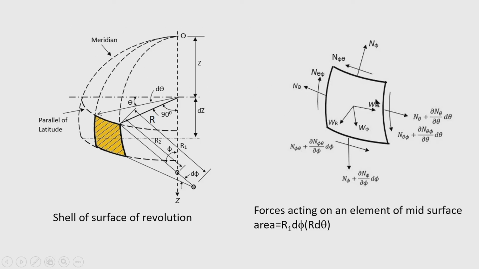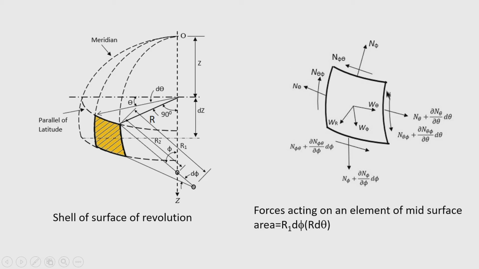In this figure it is illustrated that in this element, the total force on this edge will be n phi into, say this distance is r, so it will be r d theta. That means this will be n phi r d theta.